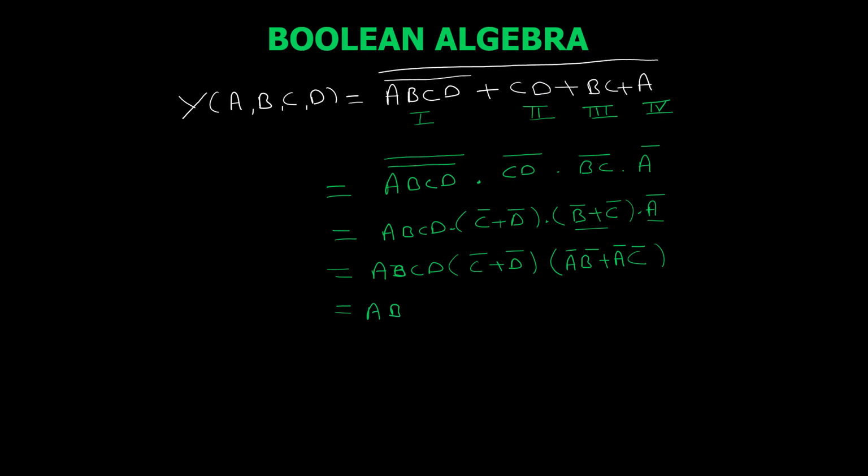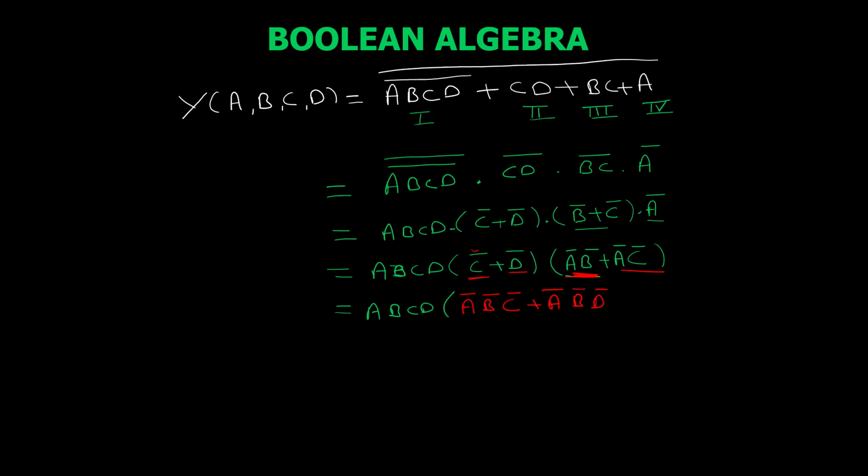Now you can also write like this, a, b, c, d. Open this bracket also. Just multiply this term. So multiply this term with this one. So you will get what? a bar, b bar, c bar. This term with this, plus a bar, b bar, d bar.